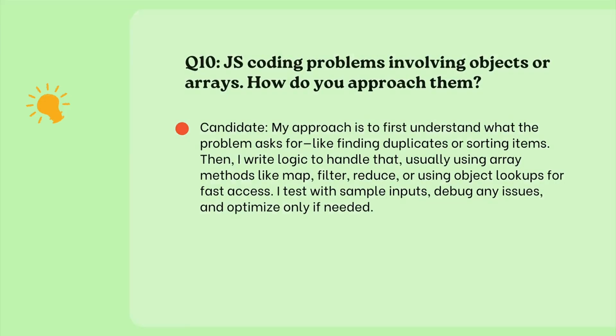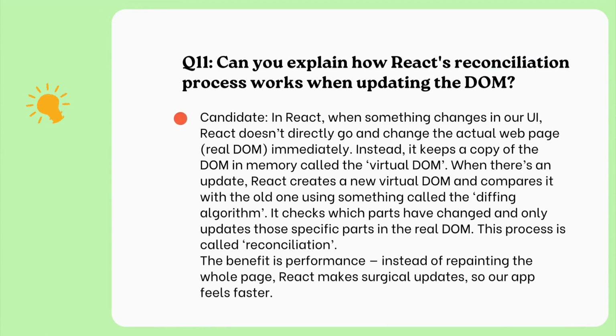Great! Clarity is key. Can you explain how React's reconciliation process works when updating the DOM? Sure. In React, when something changes in our UI, React doesn't directly go and change the actual web page, real DOM, immediately. Instead, it keeps a copy of the DOM in memory called the virtual DOM.